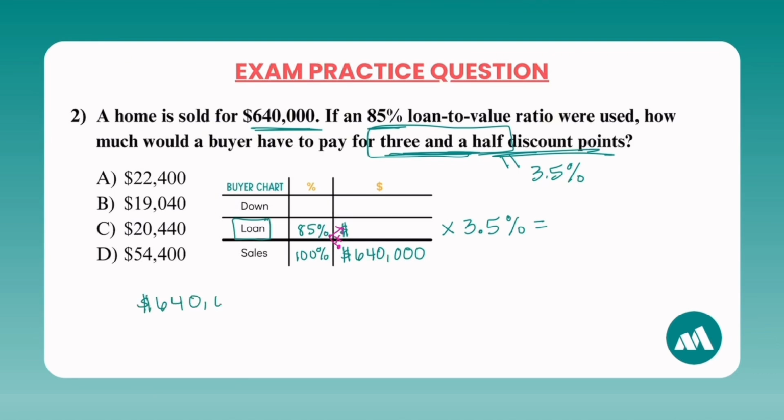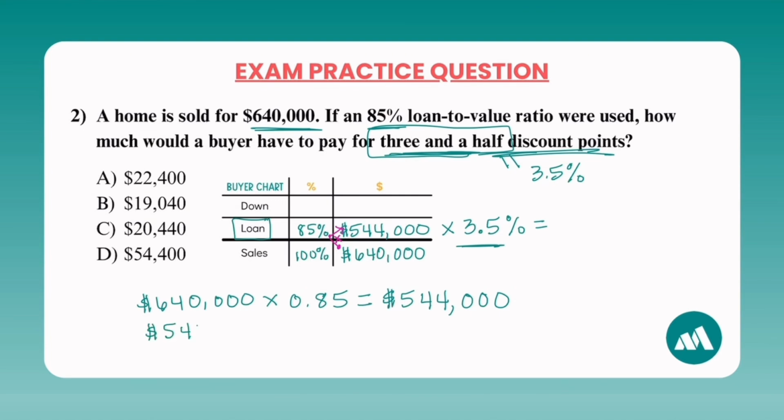$640,000 times 0.85 equals $544,000. So there's my loan amount. Now all I have to do is multiply it by 3.5% to find how much they paid in points.